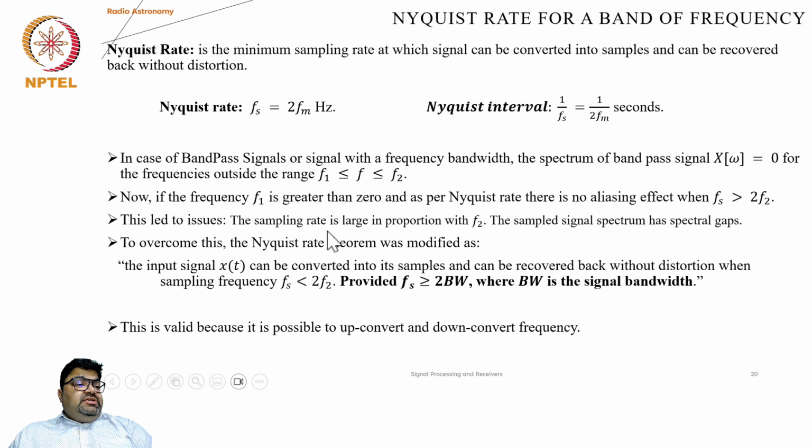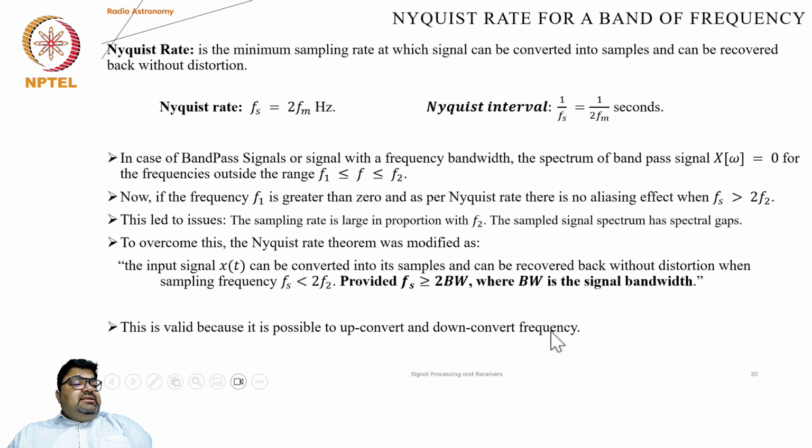This leads to a couple of issues. The sampling rate is large in proportion to f2, and the sampled signal spectrum has spectral gaps. To overcome this, the Nyquist rate theorem was modified to the following. The input signal x(t) can be converted into samples and can be recovered back without distortion when the sampling frequency fs is less than twice the maximum frequency but greater than twice the bandwidth of the signal itself, where BW is the bandwidth of the signal.